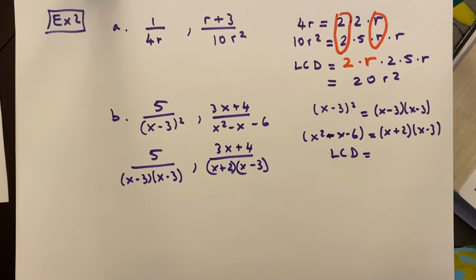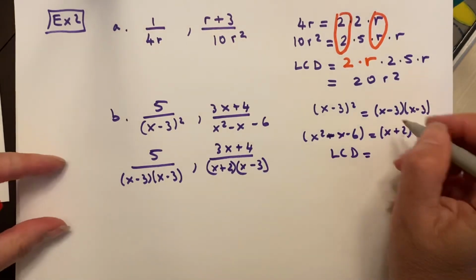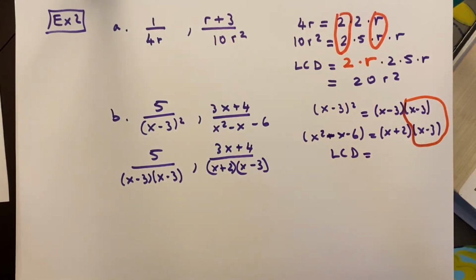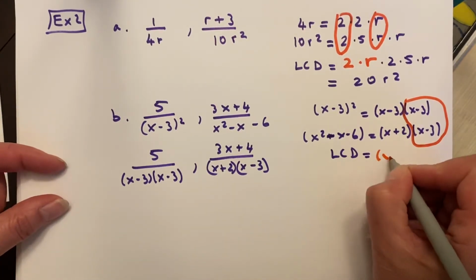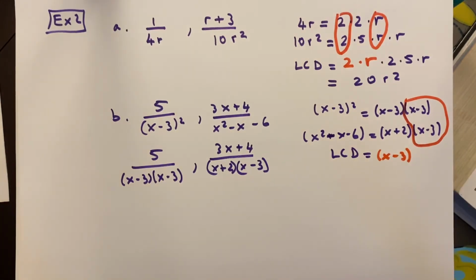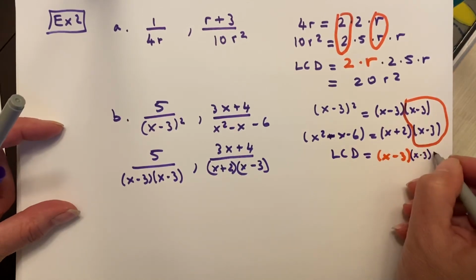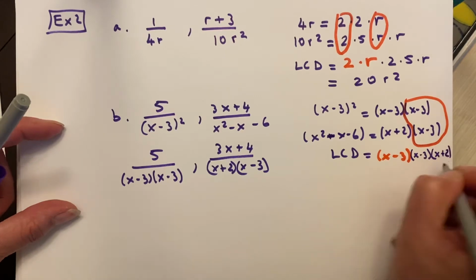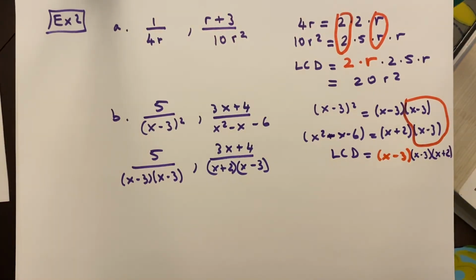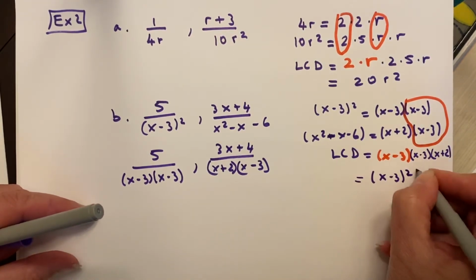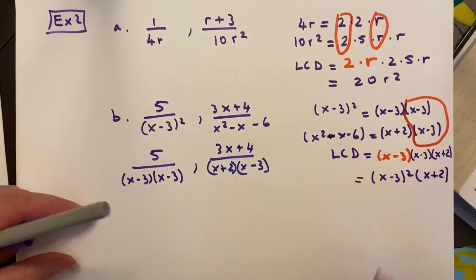I use the exact same process that I did above. I can see that these are in common, and so I write that one down once. And for those that are not in common, I have to include all of them. So x minus 3 for the second x minus 3, and x plus 2. And so my LCD is going to be x minus 3 squared times x plus 2.